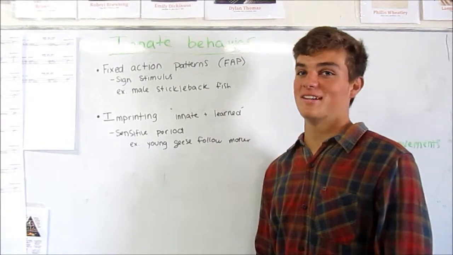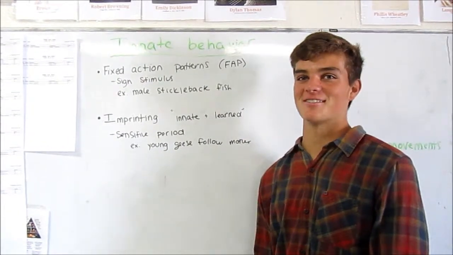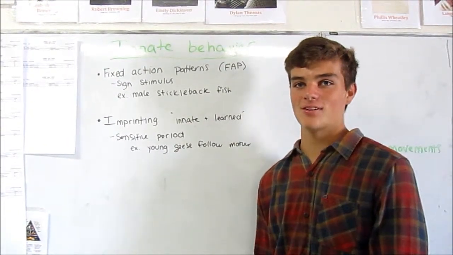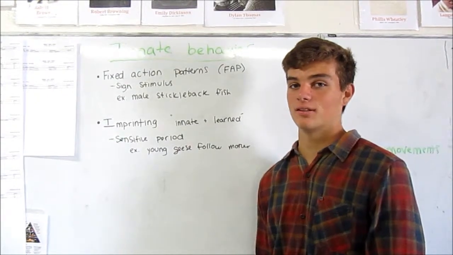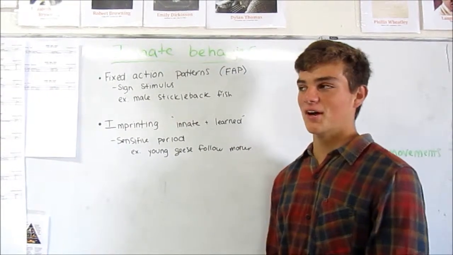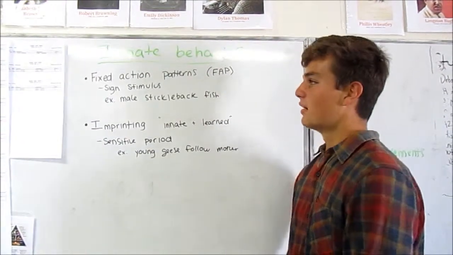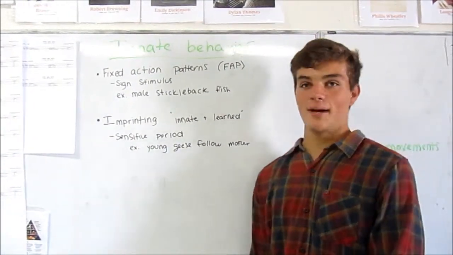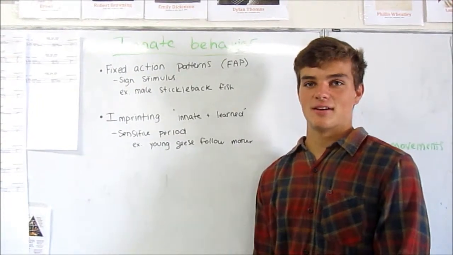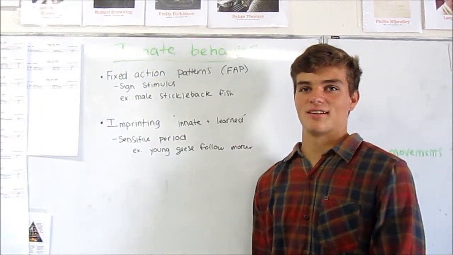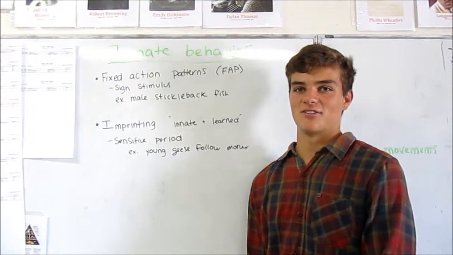Next, I'm going to talk about innate behaviors. Innate behaviors are behaviors that are developmentally fixed. In other words, they're genetically influenced behaviors. Fixed action patterns, or FAP, is a sequence of unlearned behavioral acts that are unchangeable.